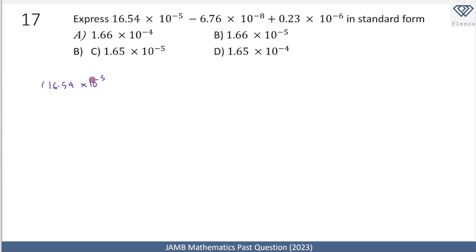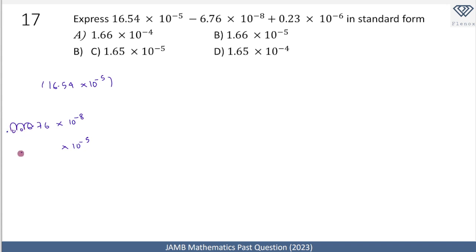Now let's do the second one. We have 6.76 times 10 to the power of minus 8. If I want to make it 10 to the power of minus 5, the difference between 8 and 5 is 3, so I have to move this dot to the right 3 times. I move it here 1, 2, 3 and add my dot and have 0, 0.